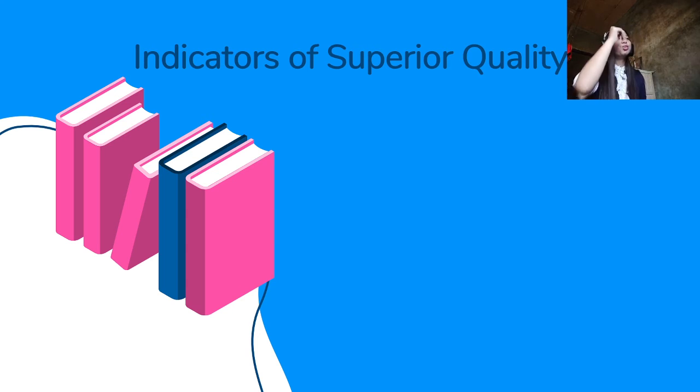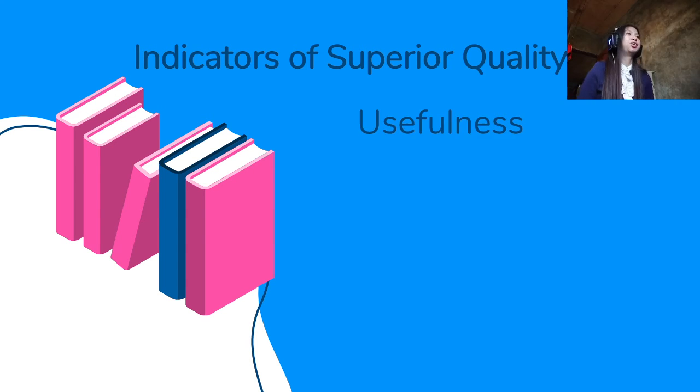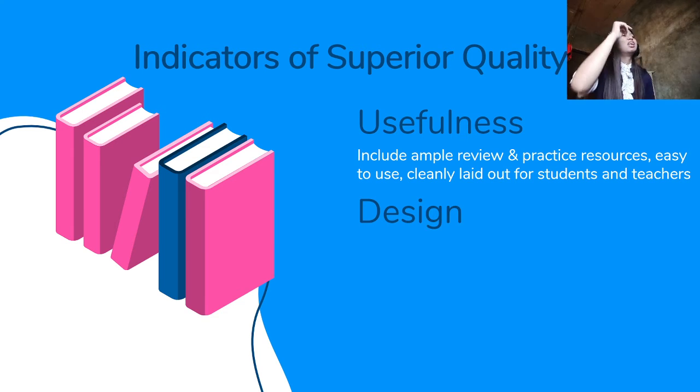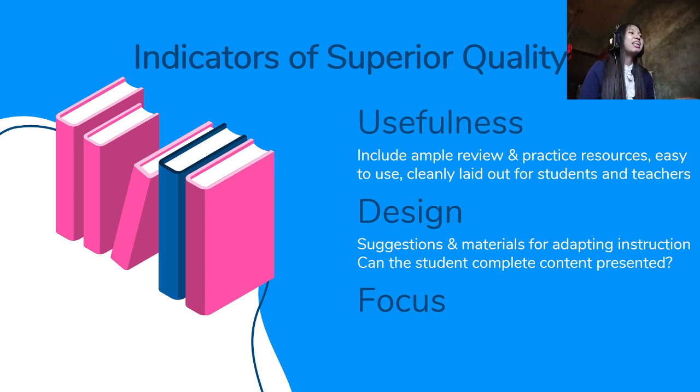Now let's go to foreign evaluation of instructional materials. How do people outside the Philippines evaluate instructional materials? Let's see. Okay, they have these indicators of superior quality. This includes usefulness, design, and focus.